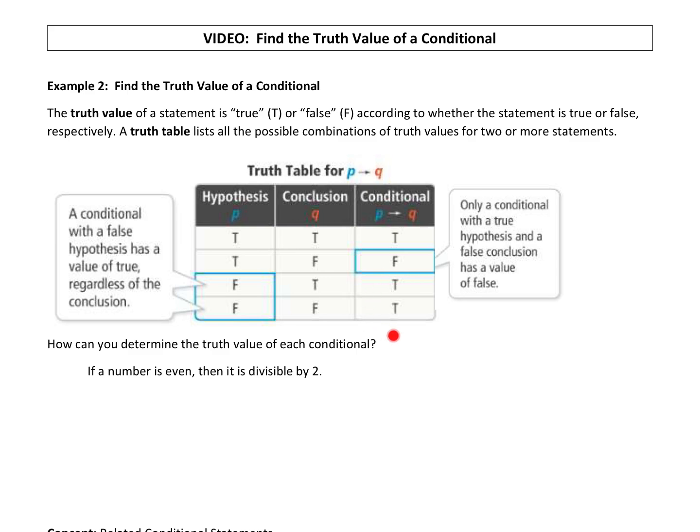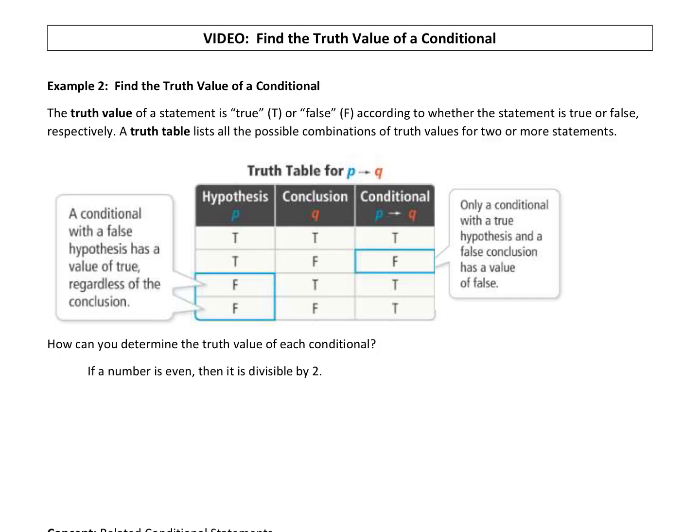If you notice, we have true conditionals over here. That happens anytime your hypothesis is false. If you're starting out with a false statement, it doesn't matter what the conclusion is, the conditional statement will be true.